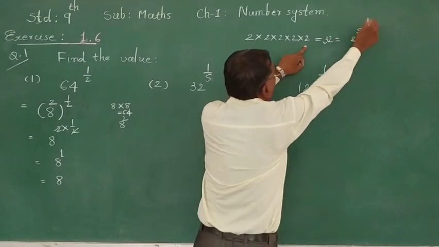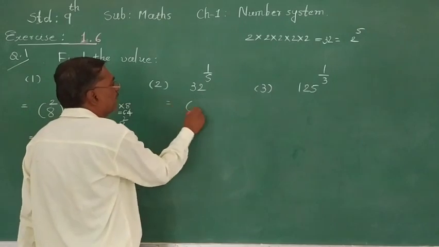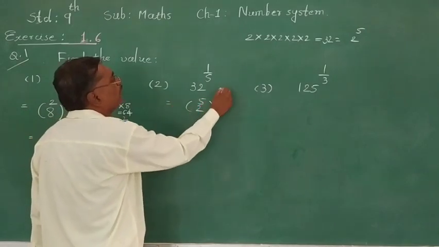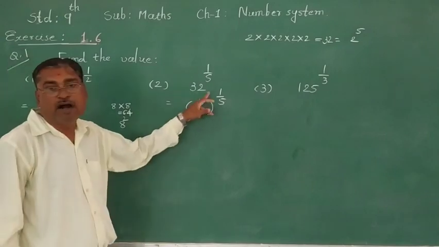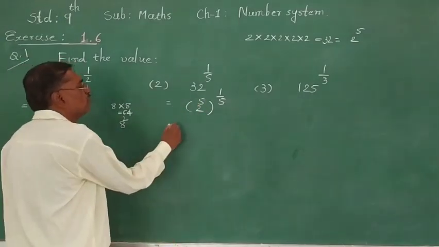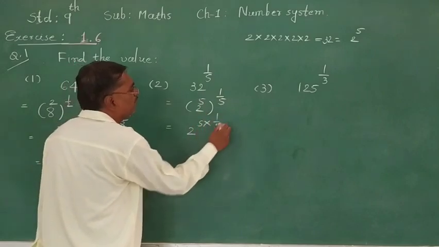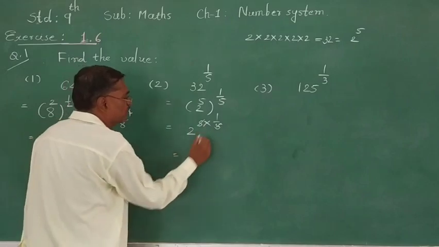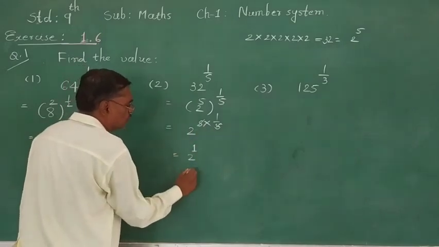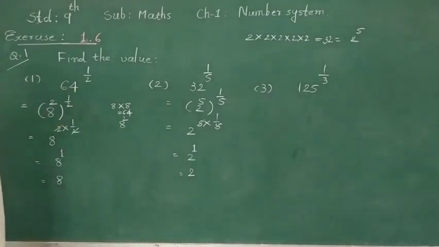Means 2 raised to 5 we will consider. So how can we write 2 raised to 5 raised to 1 upon 5? Here is power of the power. So we can write 2 raised to 5 multiply 1 upon 5. 5 and 5 will be cut. So 2 raised to 1. So 2 1 times means 2 is the answer.